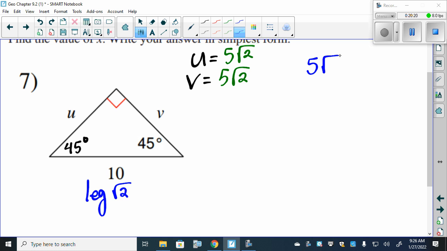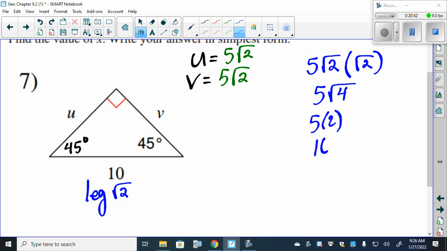So if 5 square root of 2 is the leg's length, and I multiply it by the square root of 2, what should I get? I should get 10. Because this would be 5 times square root of 4, which is the same as 5 times 2, which does give us 10. Okay.